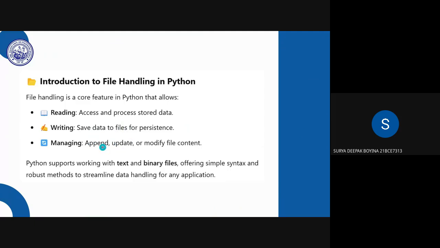If I want to change some existing file and update it, or modify the file content, or delete it. And how does Python do this in text format or in binary format? As in, I have shown you that binary is in the codes. Everything is not available in text format. These are available in binary format, so we can use some libraries which are encoded. We can use them.